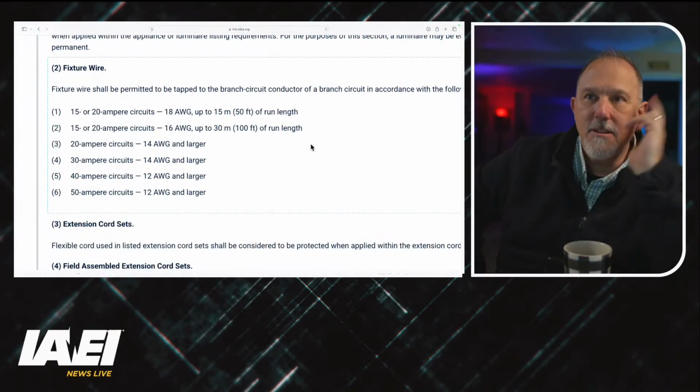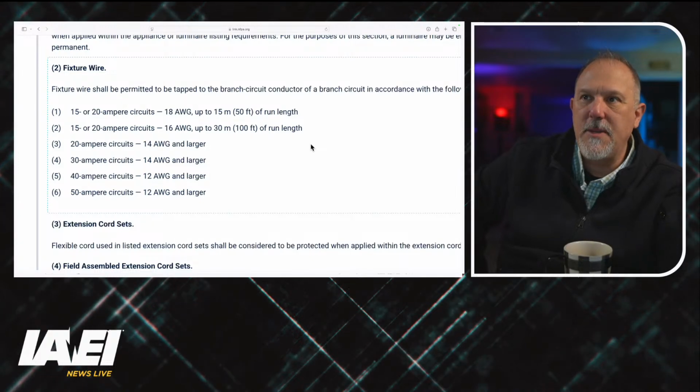Fixture wires are permitted to be tapped to the branch circuit conductor of a branch circuit in accordance with the following: 15 to 20 amp branch circuits, I can have up to 50 feet. Oh, look at this, I've got length restrictions again for fixture wires.